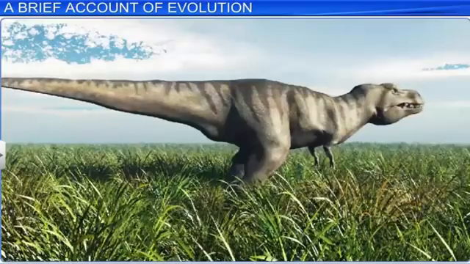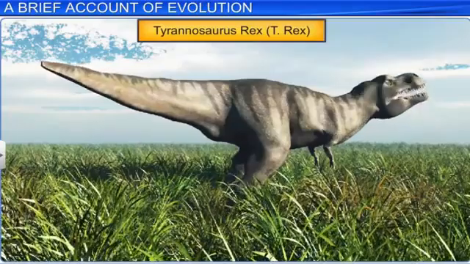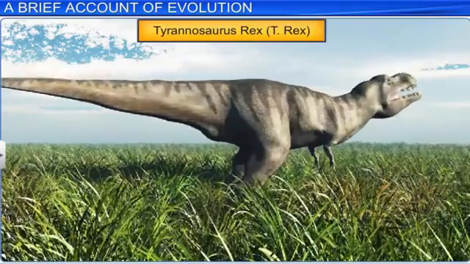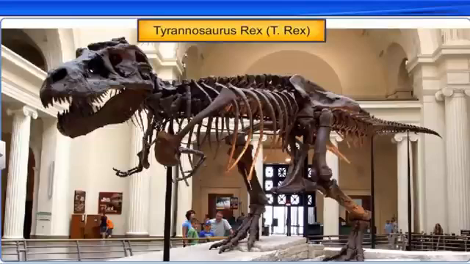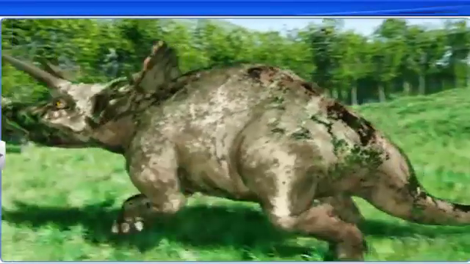The tallest dinosaur, known as Tyrannosaurus rex, was around 20 feet tall. Fossils of T-Rex are found in a variety of rock formations. Dinosaurs suddenly disappeared 65 million years ago.